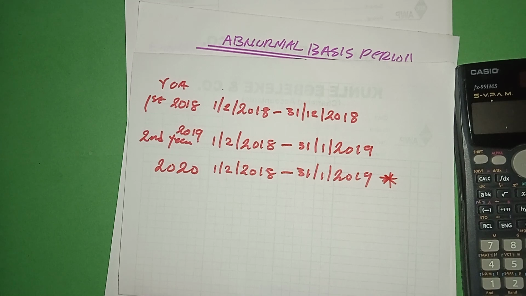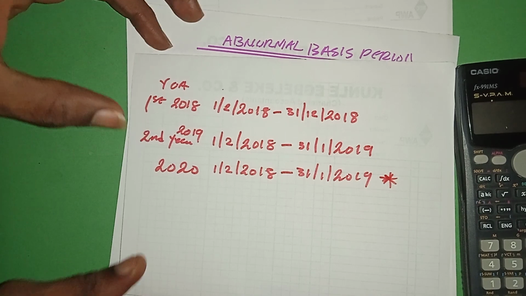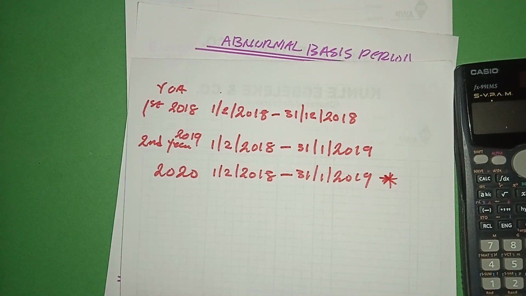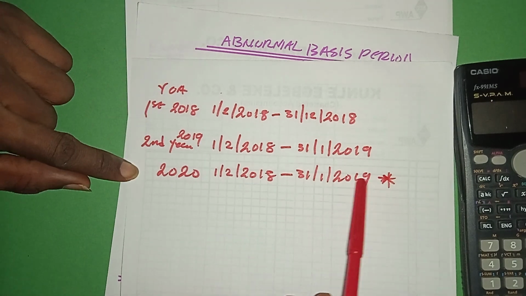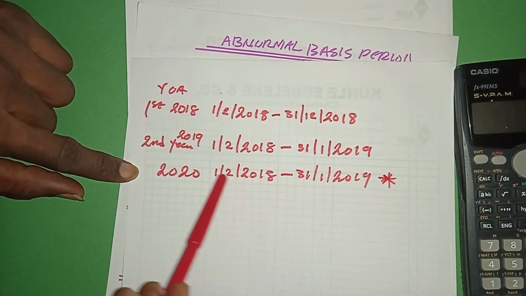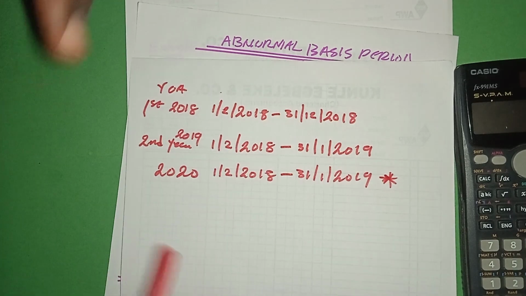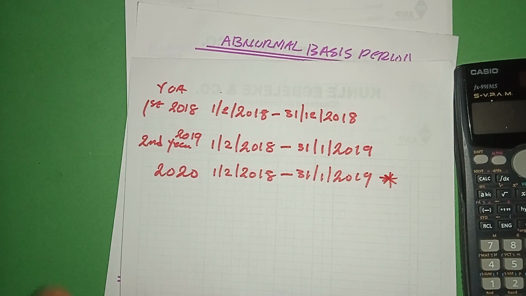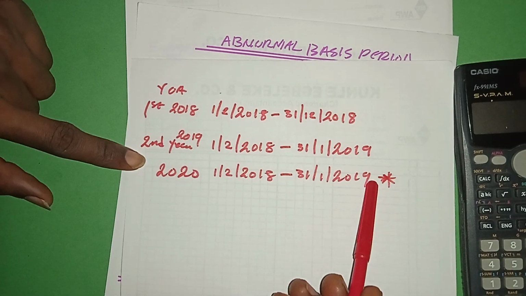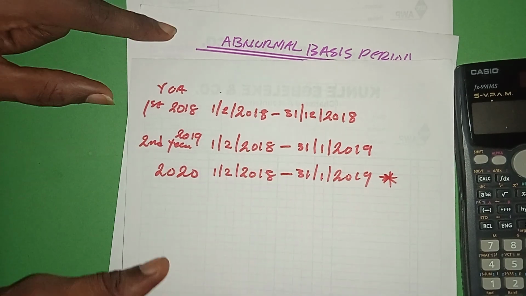Now, the condition is this. We are going to solve one question, not really a computation. I'm going to show you an example of when to repeat this and when not to repeat this. If I give you the law, the rules, you might not understand it very well, but I want to use a practical example to teach you how you can get this.